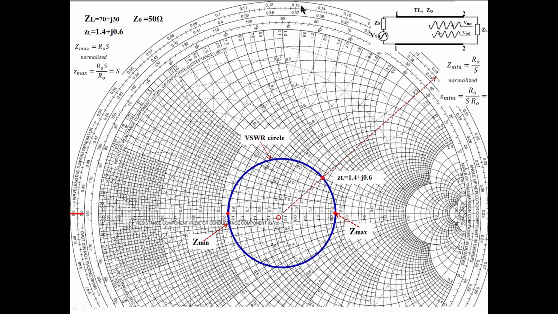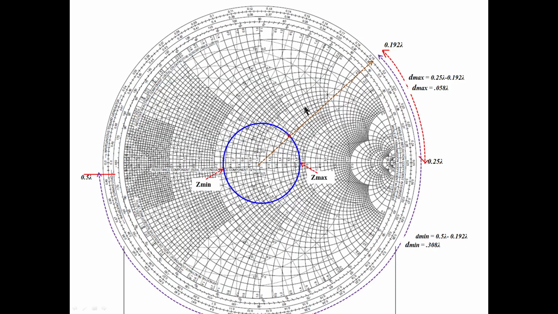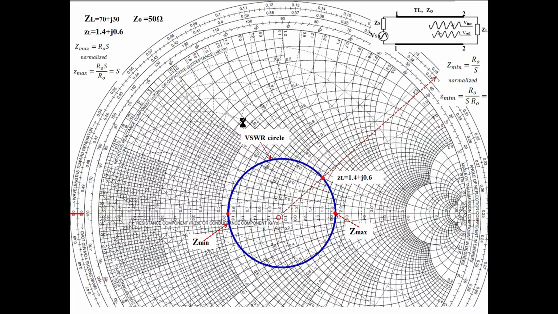Starting from here, the values keep increasing: 0.08, 0.09, 0.1. Each bigger division from here to here is 0.01 in wavelength.